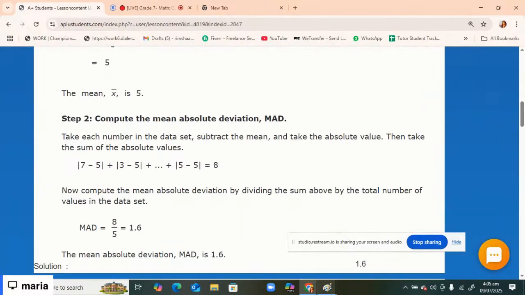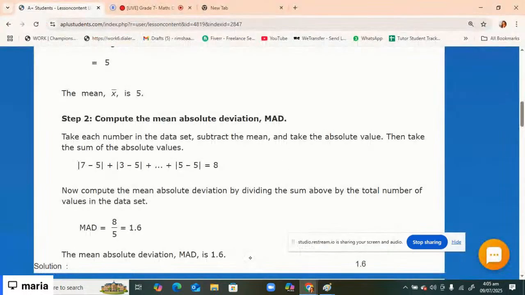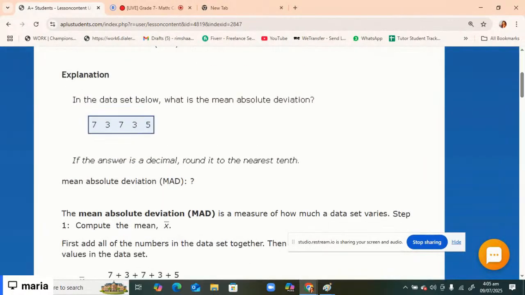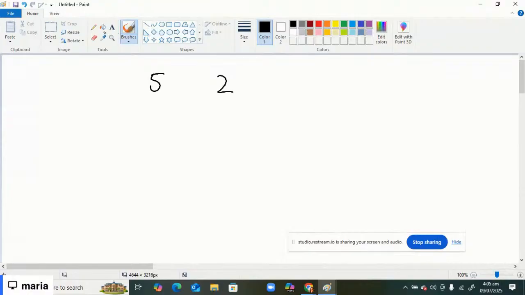Let me write it here. The data from this question is 7, 3, 7, 3, 5.